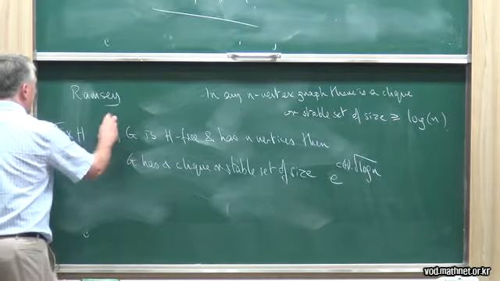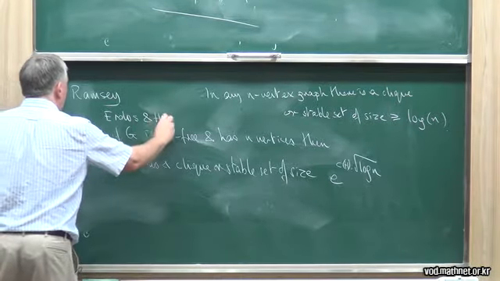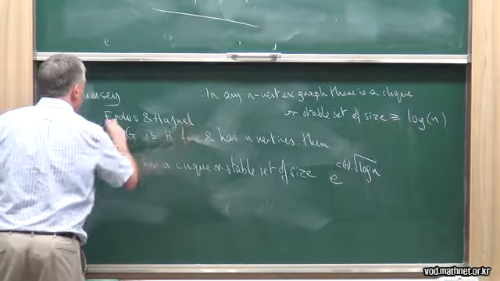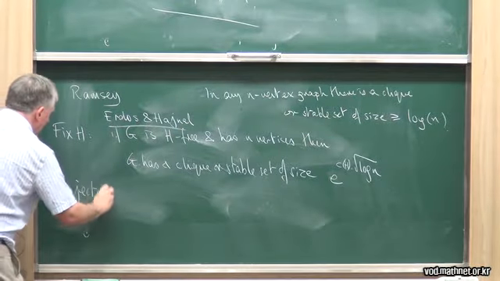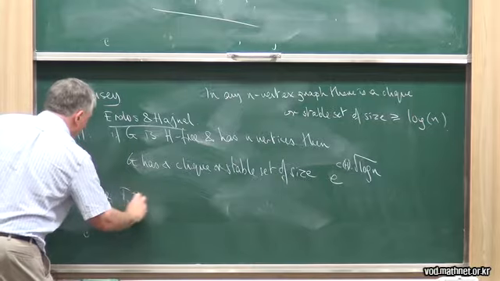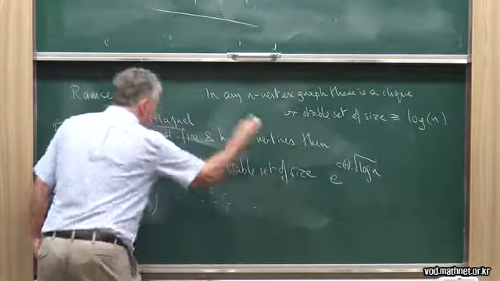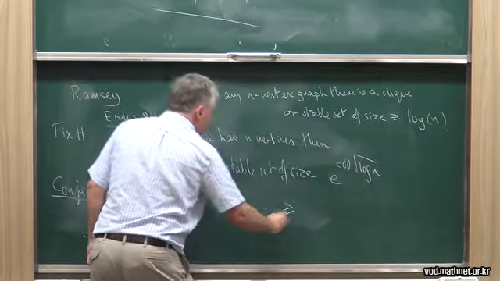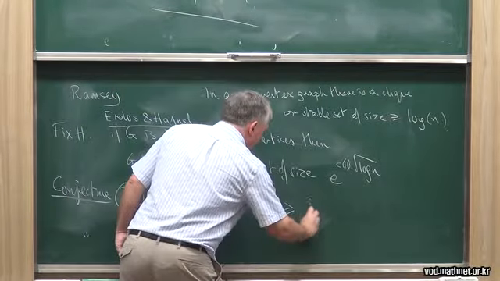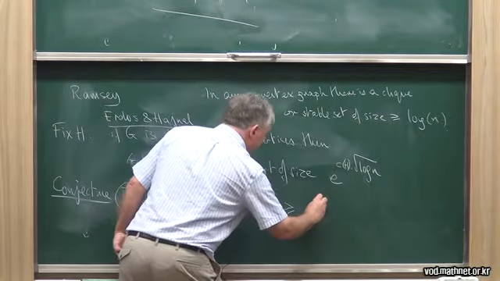So this is a theorem of Erdős and Hajnal. So it's the same statement, except you change this to something bigger. So it's at least n to the, well, C of H, but different C of H. Let me say D of H.